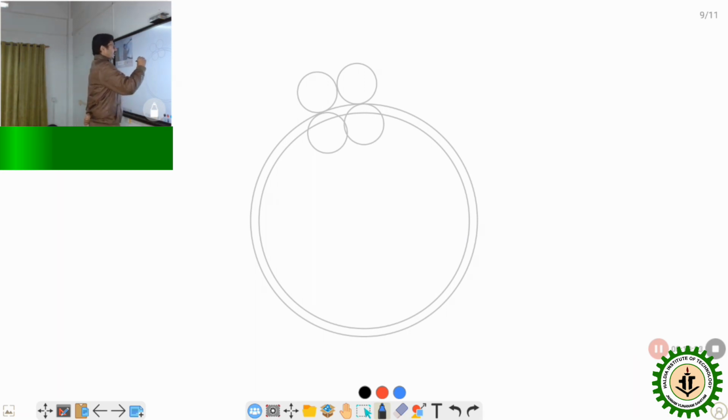In that case, we can consider the blue one as the pitch circle of the gear. On that pitch circle, we have placed a small circle.